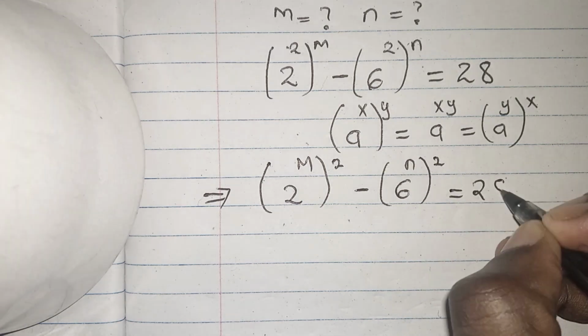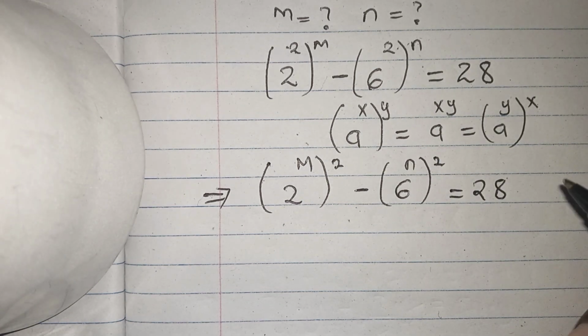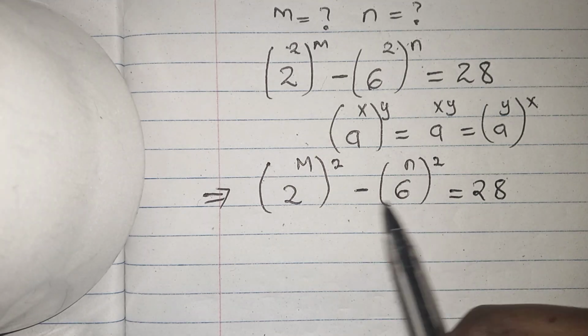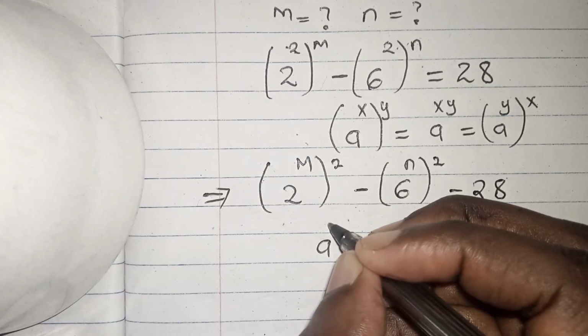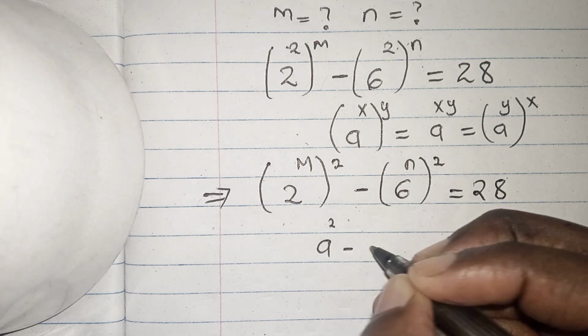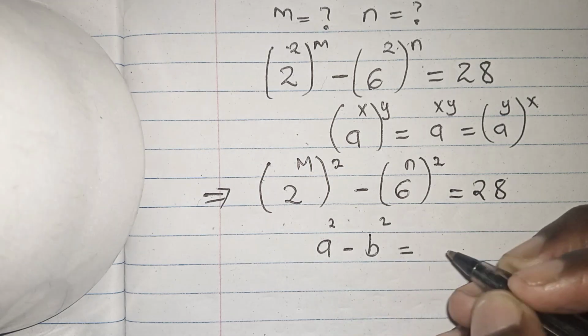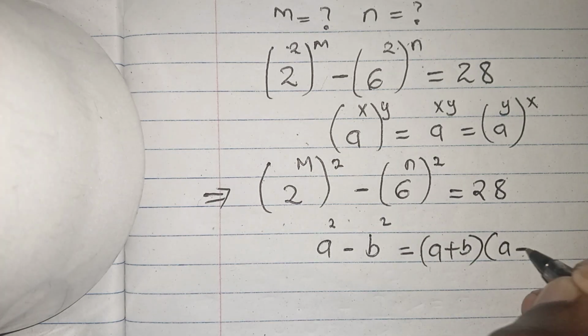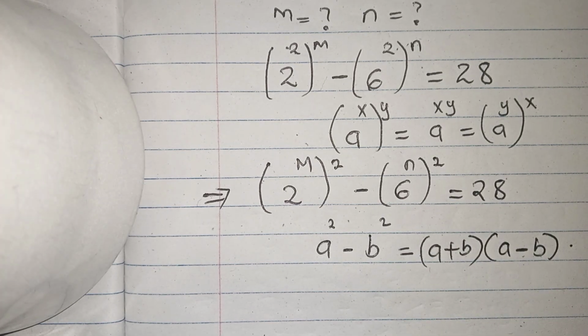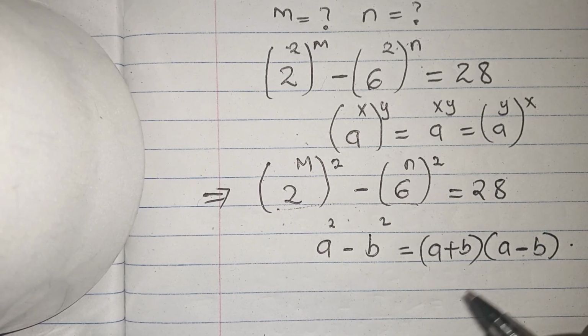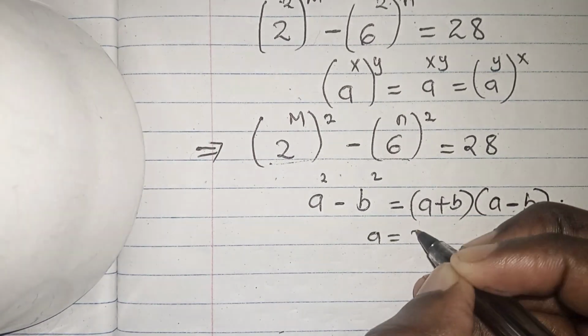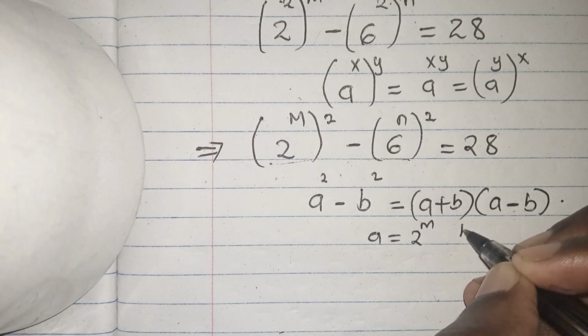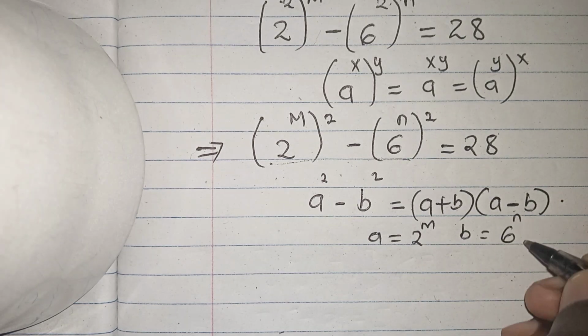Okay, so you can see this is a difference of two squares, whereby if you have a squared minus b squared, we can write it as a plus b into a minus b. So we are going to express this whereby our a is equal to 2 to the power of m and our b is equal to 6 to the power of n.